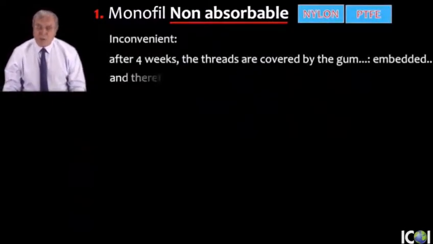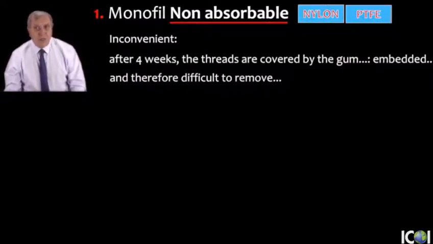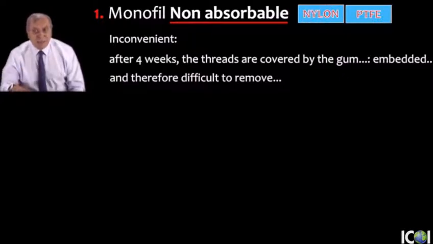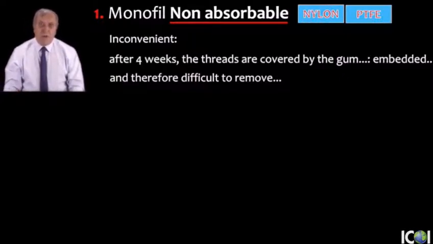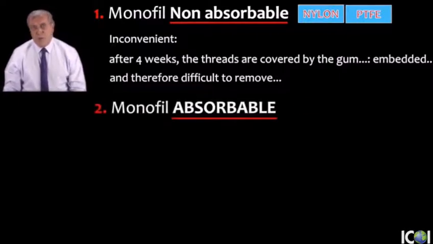We can use a non-absorbable monofilament, nylon or PTFE, but if we want to leave this suture for 4 weeks, obviously you will meet the threads embedded into the gum, and therefore it will be difficult to remove them. So the only solution is to use an absorbable monofilament.